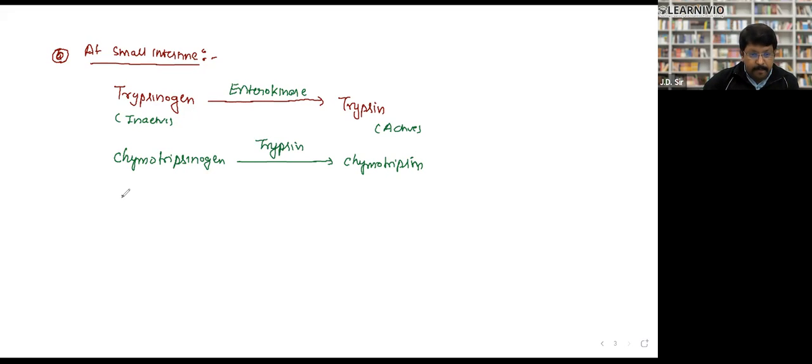Proteins are broken down into dipeptides with the help of trypsin.